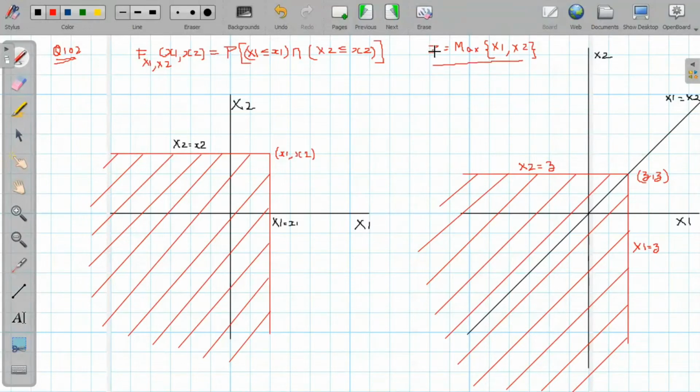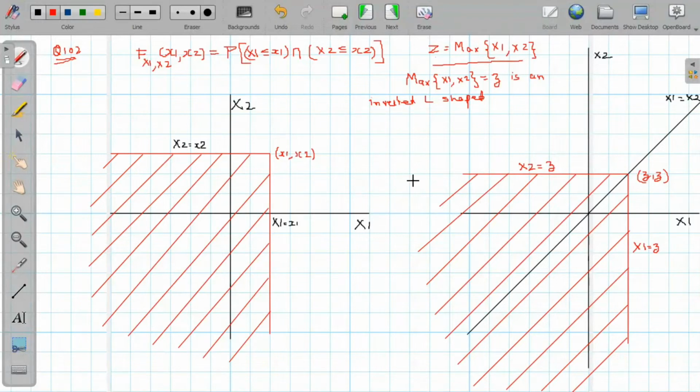Suppose capital Z has a sample value small z, then the conclusion that we draw from part 1 video and part 2 video of question number 102 is that this is an inverted L-shaped boundary, like this. In this diagram, this is an inverted L-shaped boundary.